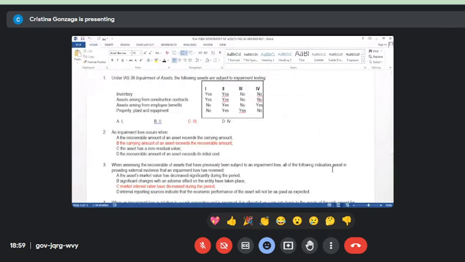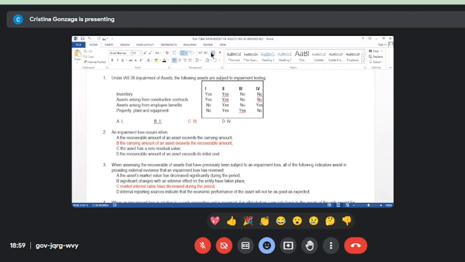Okay, under IAS or PAS 36, impairment of assets, the following assets are subject to impairment testing. Inventory, asset arising from construction contract, asset arising from employee benefits, property, plant, and equipment. Ang answer natin ay letter C. Bakit letter C? Eh kasi yun lang ang scope ng PAS 36.